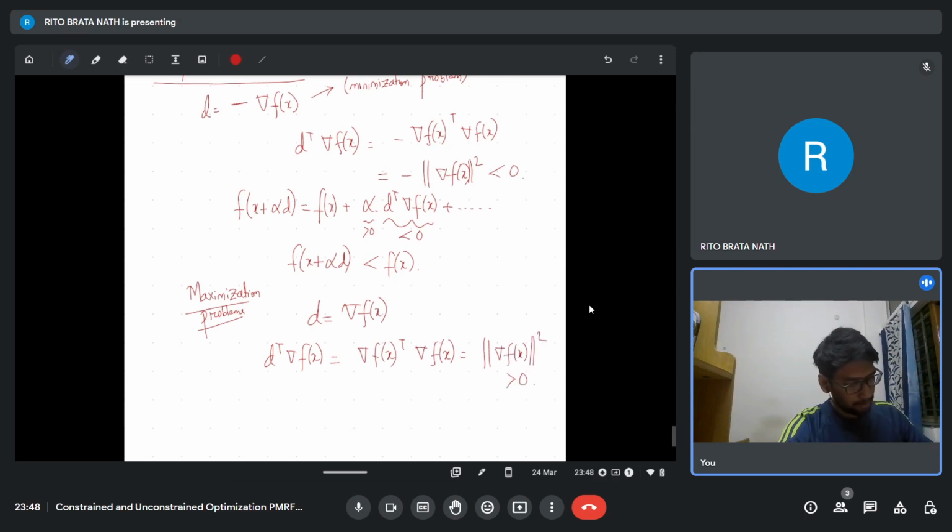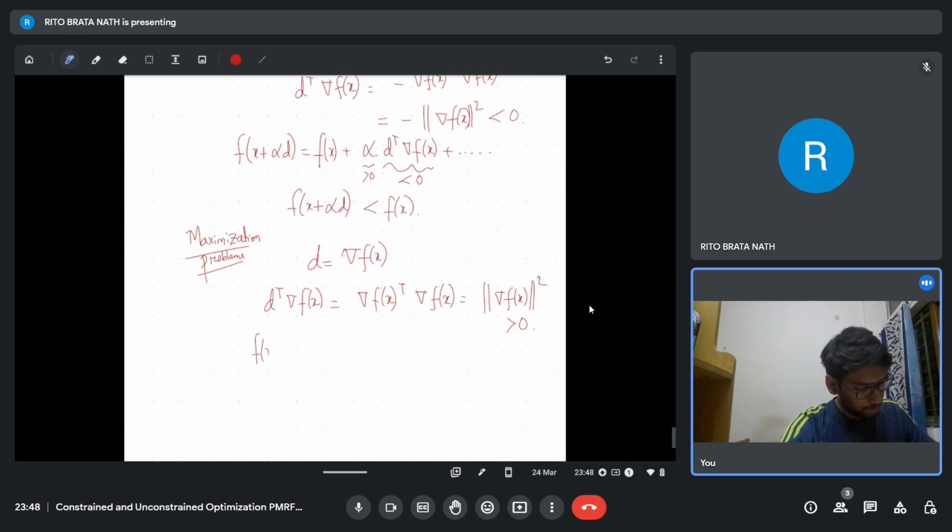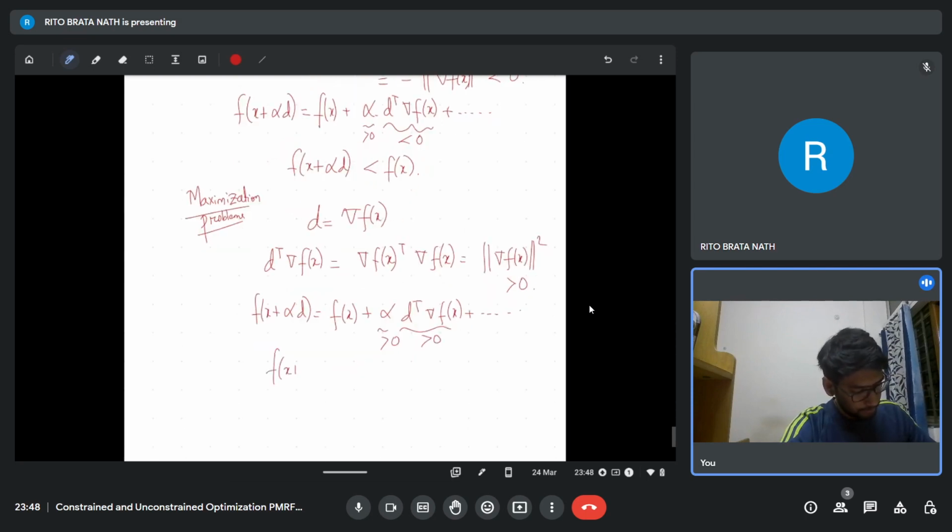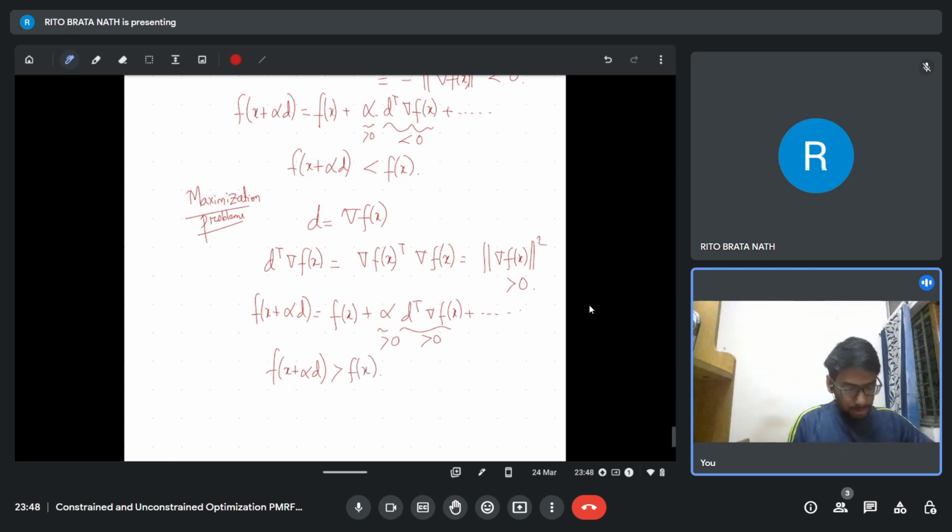This is greater than 0, and again using some Taylor series expansion, it's f(x) plus alpha d delta f(x). Then the other terms, this is greater than 0, this is greater than 0, and you'll be left with f(x plus alpha d) greater than f(x). So you're increasing your objective function value. So that's the basic idea behind this steepest descent direction methods.